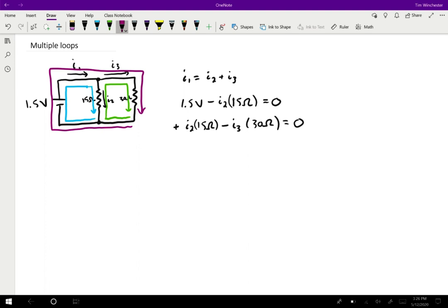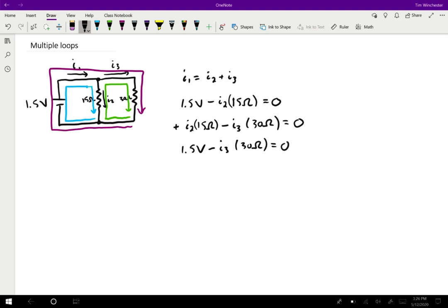I just pick any loop and it has to work. Okay, so let's do that one. Well, the first thing I cross is the battery. So I get 1.5 volts going up the battery, then keep going, and then go down the 30 ohm resistor. So negative I3 times 30 ohms, which comes out to 0.